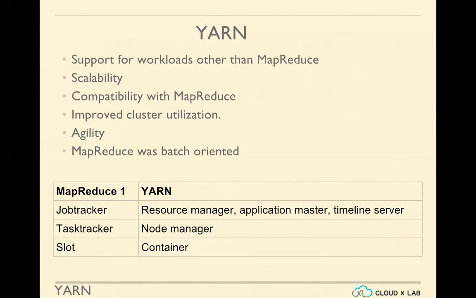Yarn was compatible with older MapReduce logic, so people who wrote MapReduce programs could run on the newer version of Yarn, the newer version of Hadoop. They did not have to make any modification. They just recompiled their program and shipped it again for Yarn.